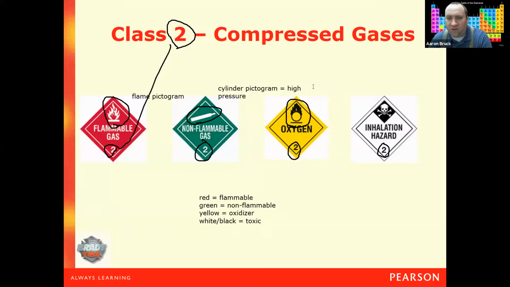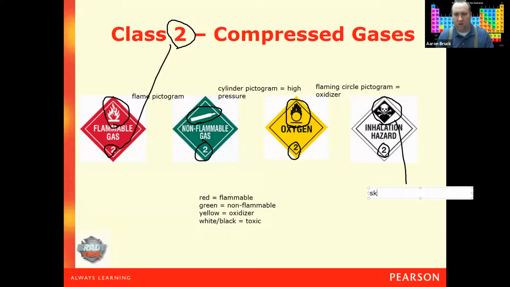This is the flaming circle pictogram, which indicates an oxidizer. And this last one, the skull and crossbones, which I think everybody knows already, indicates that something is toxic.